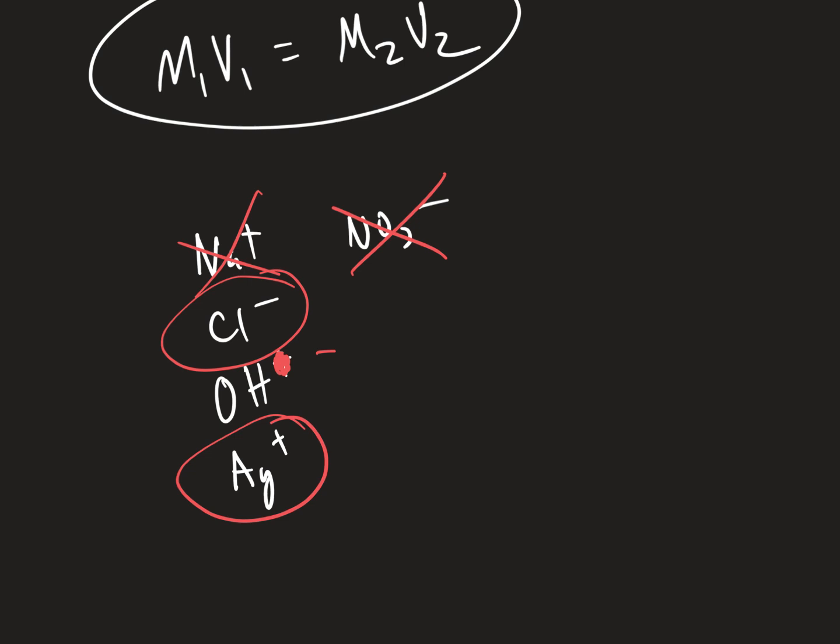It doesn't dissolve. It'll form a solid. Remember that. Were you here the time that I did the demonstrations? Okay, all right. So you look at that solubility chart. You can rewatch the video and get that.